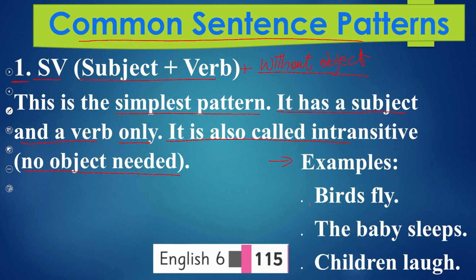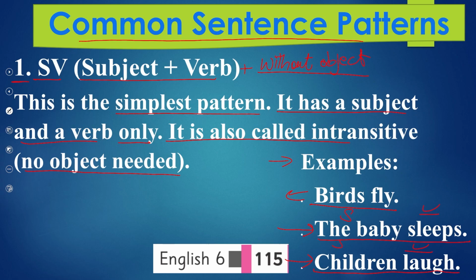For example, birds fly. The whole sentence is giving the full thought without object. Now, the second one is the baby sleeps. The baby is the subject and sleeps is the verb, and when combined they are conveying the whole idea without any object. And the last one is children laugh. Children is the subject and laugh is the verb, and only subject and verb are conveying the whole idea of the sentence.